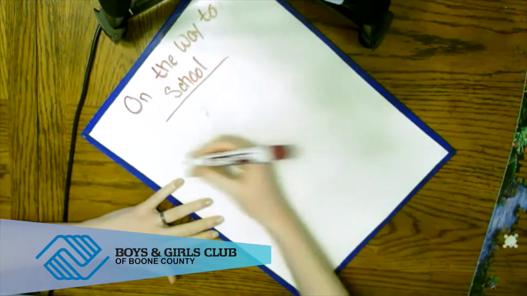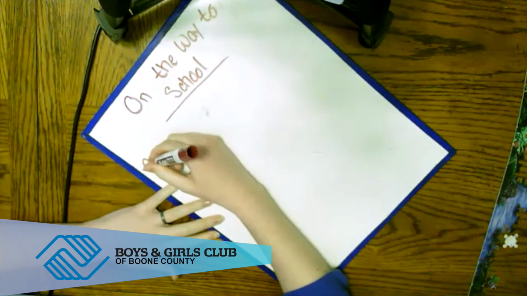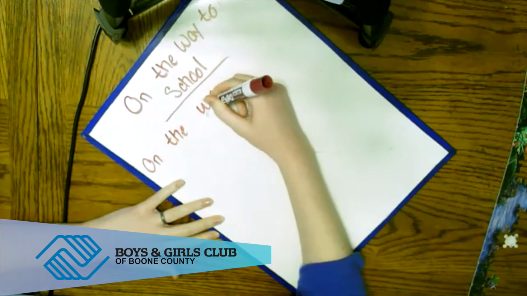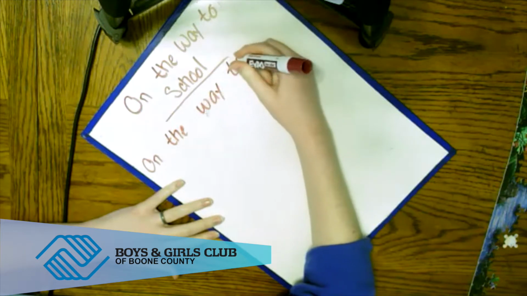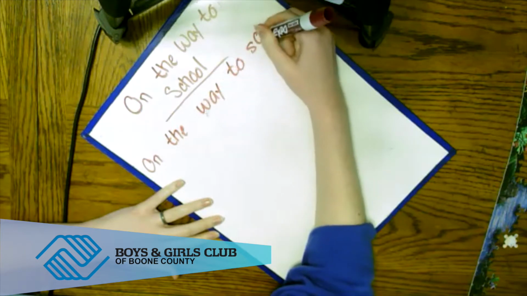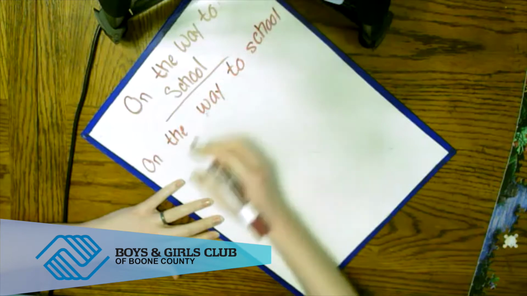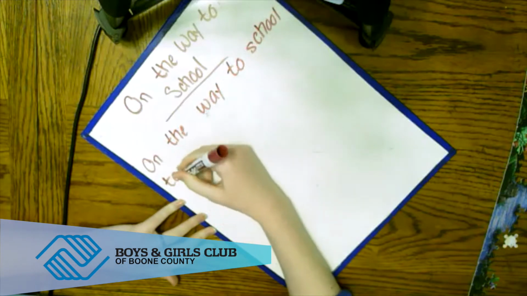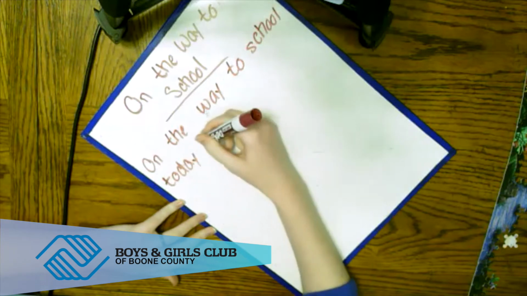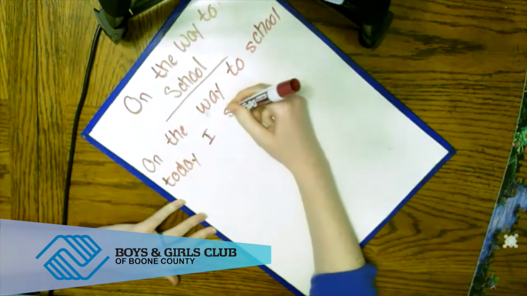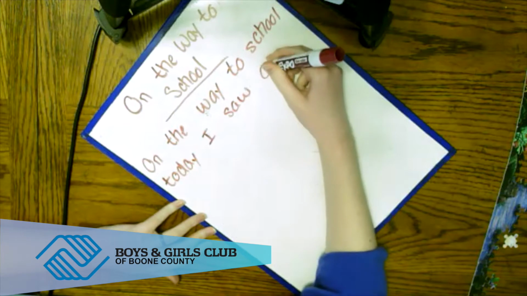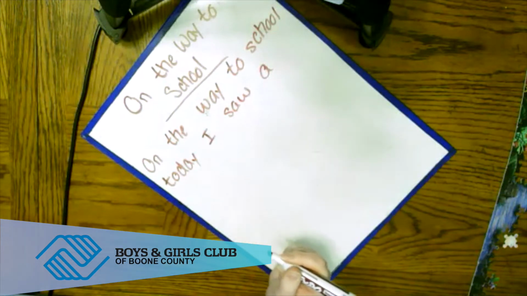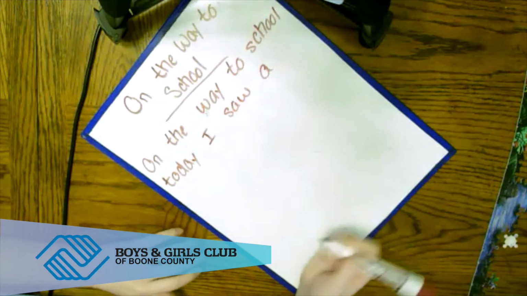So I'm going to say, on the way to school, and I'm going to put today. I saw a, and then this is going to get changed later, but for right now, I will say I saw a cat.